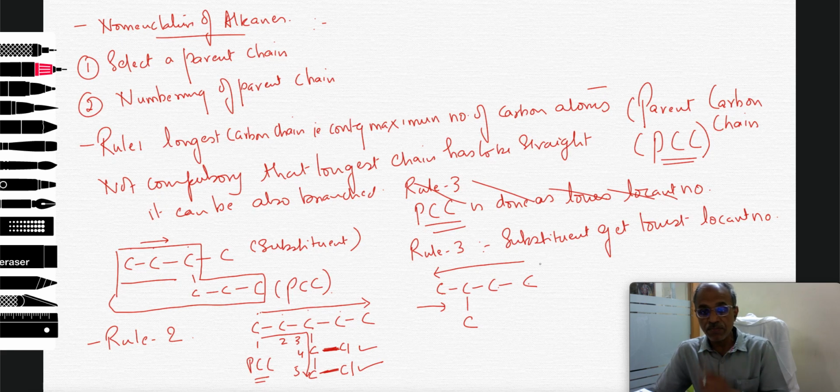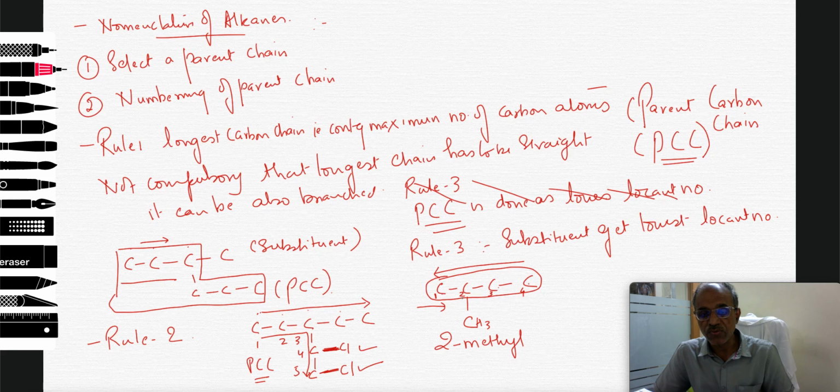So I will prefer going like that, that is 1, 2, 3, 4. That means it will be 2. Suppose if it is methyl, 2 methyl, and the longest carbon chain is 4.